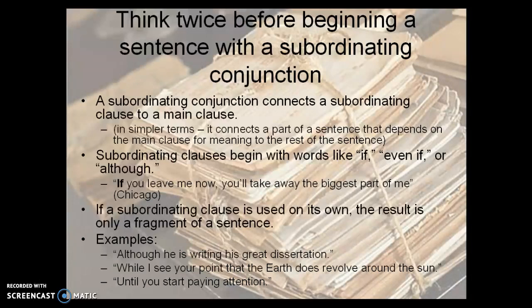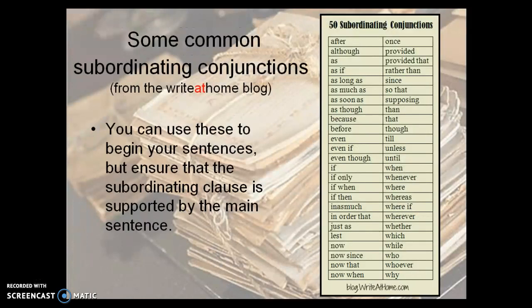So here's some examples. "Although he is writing his great dissertation," "while I see your point that the earth does revolve around the sun," "until you start paying attention." None of these are complete sentences. They all need more information to make them complete, for them to make sense. We just have the beginning of our sentence. So, some common subordinating conjunctions, I got these online at the Write at Home blog.